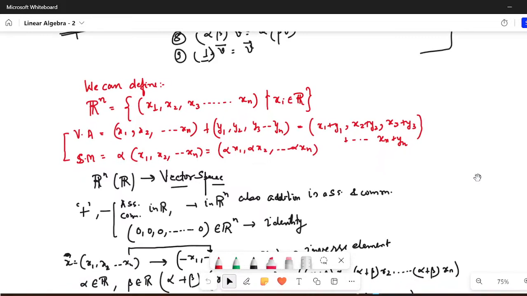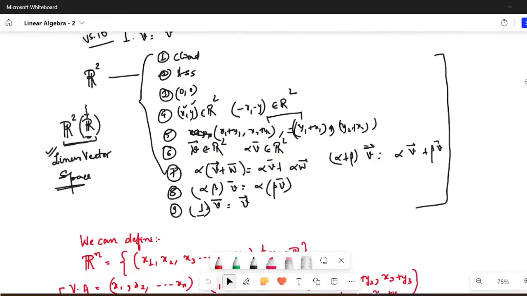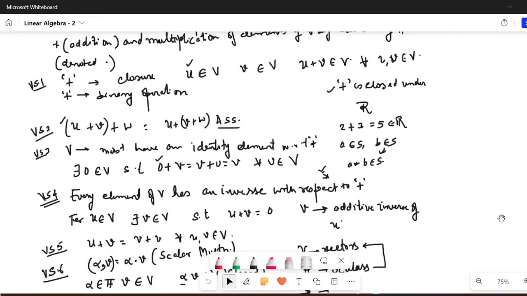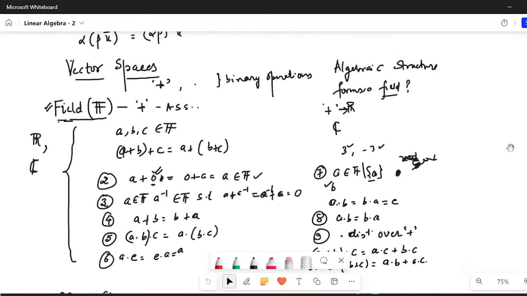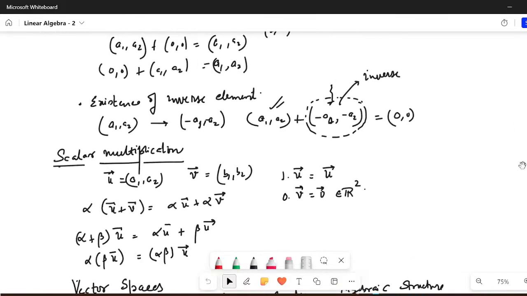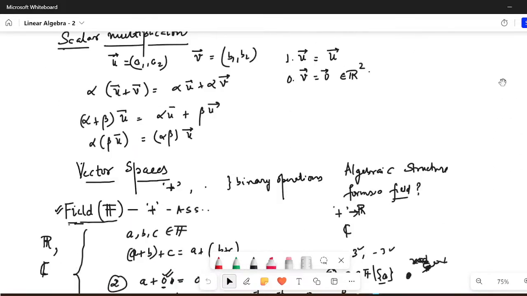Let's say the first example that I took was R square. Before starting vector spaces, I took an example of R square, and I actually made you understand that all these properties are true for R square. And once this is true for R square, we generalize this result for Rn.